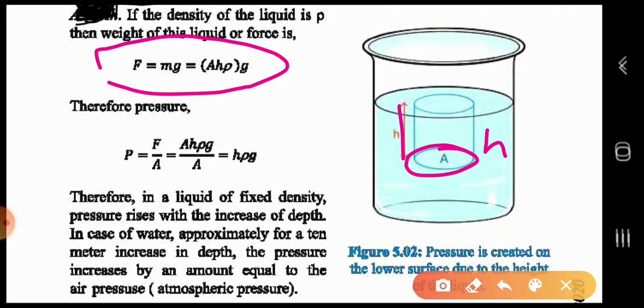P equal to F divided by A, we already know that. F is Ah rho g, divided by A. If I cancel A and A, we get h rho g.